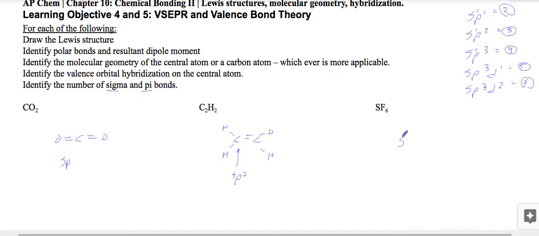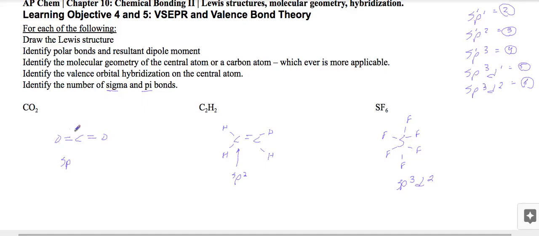And then we have the sulfur. We have 6 fluorines attached to it, so we have the sp3d2. That's sp2.